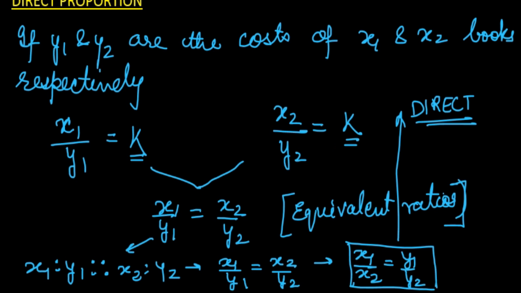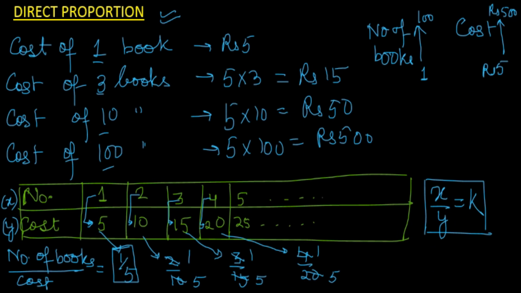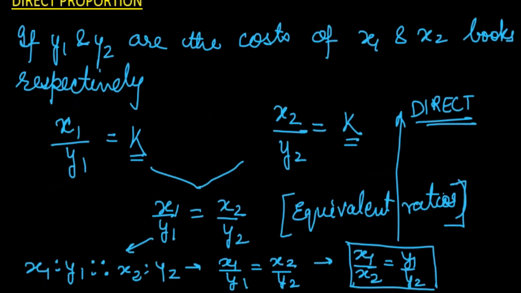Here, if we look at this table, all these values of x are nothing but the instances of x as x1, x2, x3, x4 and so on, and the corresponding instances of the cost, which is y, are y1, y2, y3, y4 and so on. So we see that x1 upon x2 is equal to y1 upon y2 in case of a direct proportion.